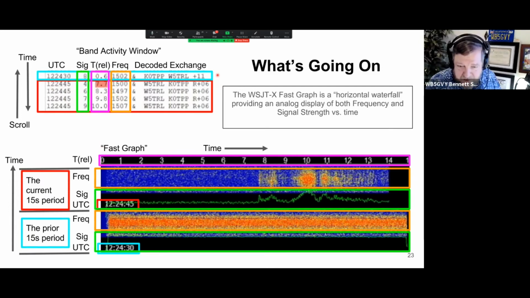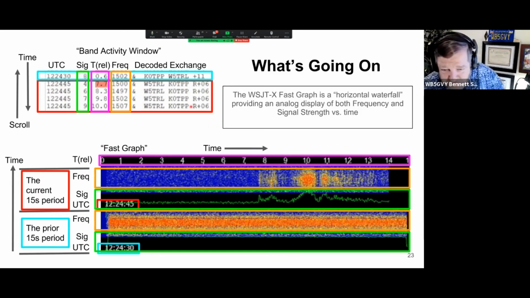In this band activity window, you'll notice that the very top line is in blue, an aqua color, and that corresponds to the last thing that happened in the previous 15-second interval, while the last 4 lines shown here are what's happening in the current 15-second interval.